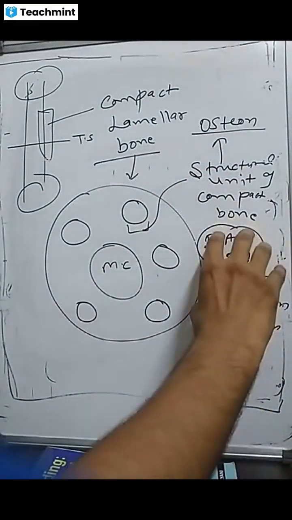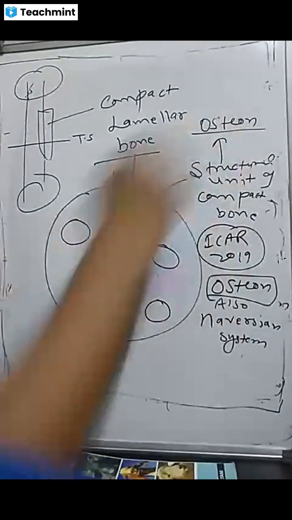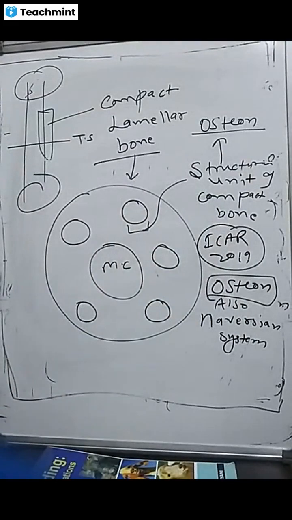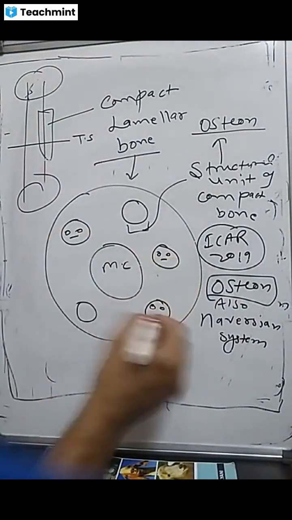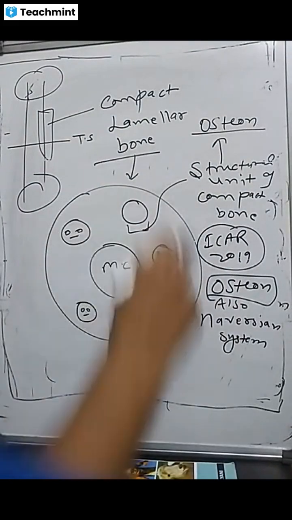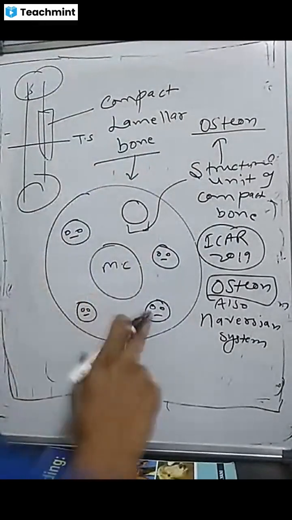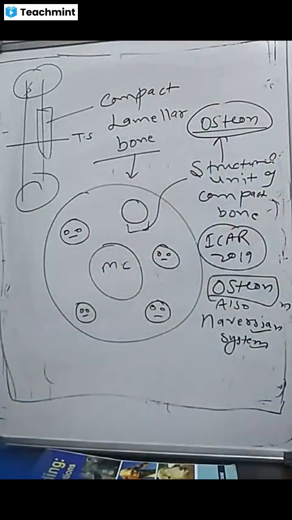So in that exam, that synonym was asked. These circles are the structural units of the compact lamellar bone, and these structures are known as osteon or Haversian system.